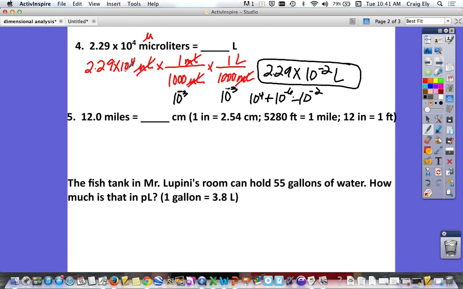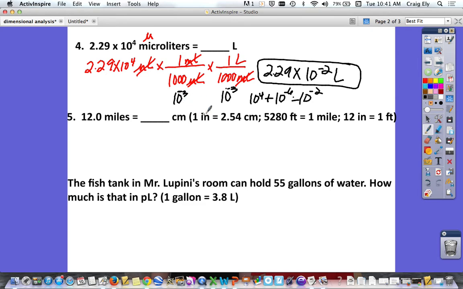So don't let this scientific notation stuff scare you. Just think about it and figure out how this is going to work out, especially in a situation like this where you've got these nice, easy numbers to work with. Unfortunately, it's not always going to be that way, but when it is, it's very easy to do.